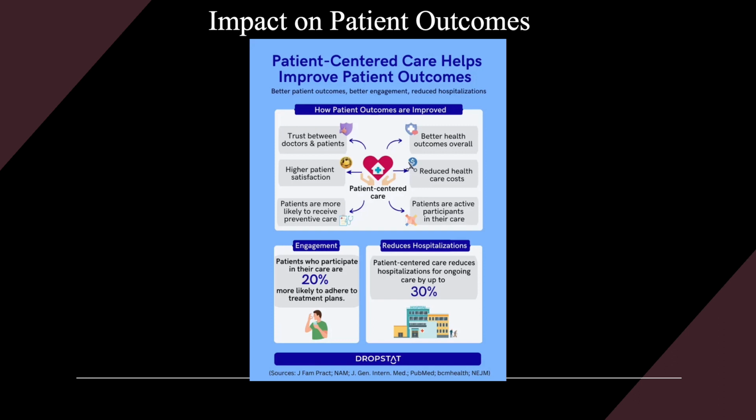Engagement: patients who participate in their care are 20% more likely to adhere to treatment plans, which is fantastic. Patients who are active in their care have fewer hospitalizations, and patient-centered care reduces hospitalizations for ongoing care by up to 30%. I like those numbers.